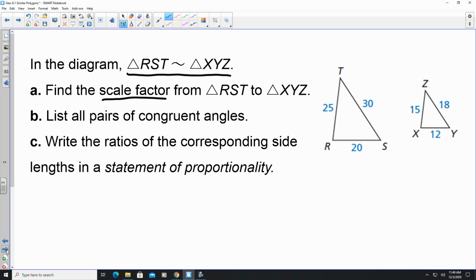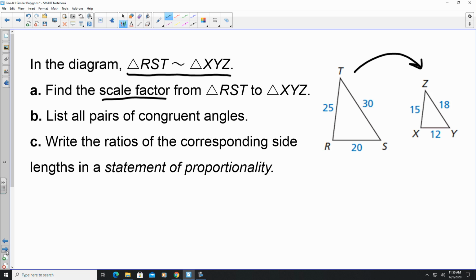Since our first triangle, RST, is larger, or it appears to be larger through the measurements and just looking at it, we can say that when it comes to scale factor, going from this shape to this shape, does it get bigger or does it get smaller?